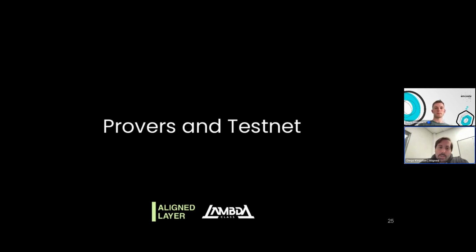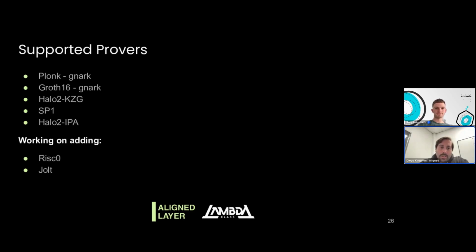So a little bit about the provers and the testnet. Right now we have a testnet built on top of Eigen that you can use to submit proofs. So you can send proofs generated using Plonk and Groth16 in gnark. You can also use Halo2, SP1, and we are also working towards adding RISC-0 and Jolt.